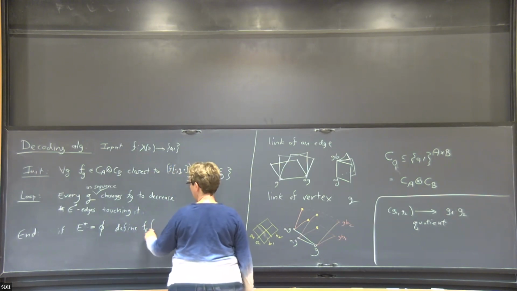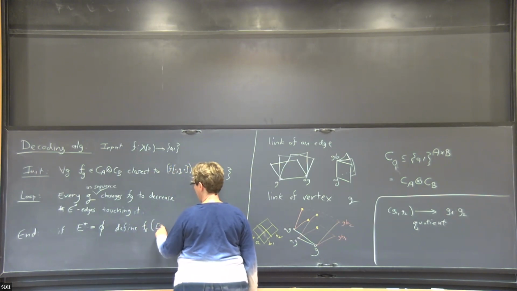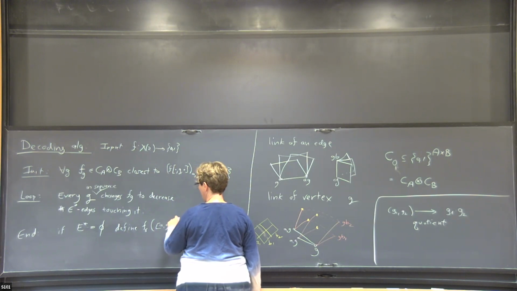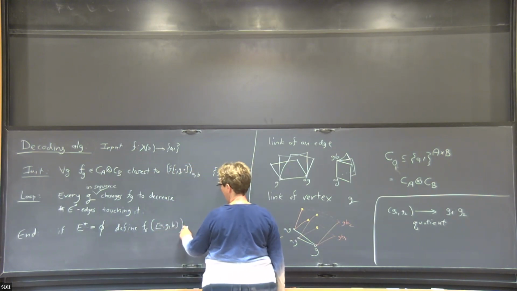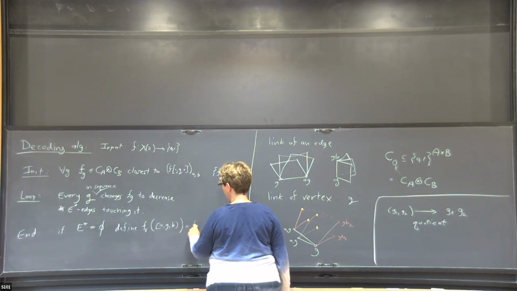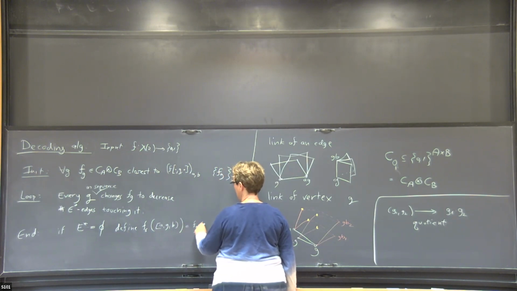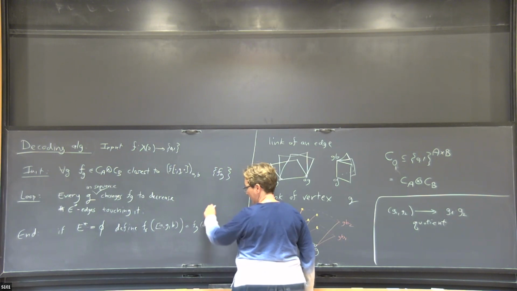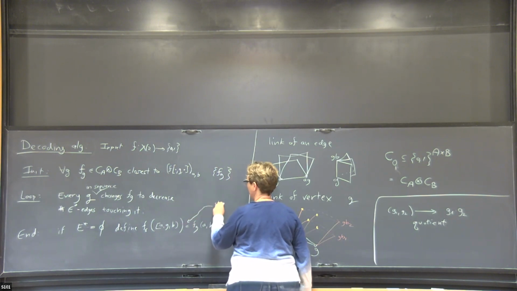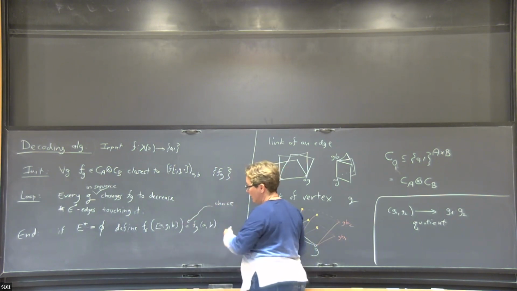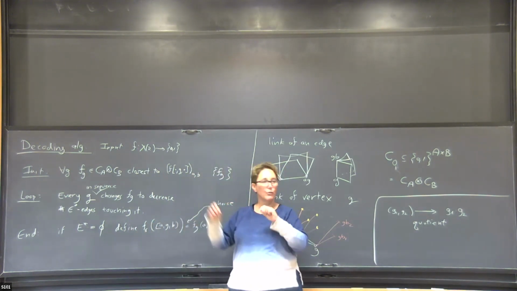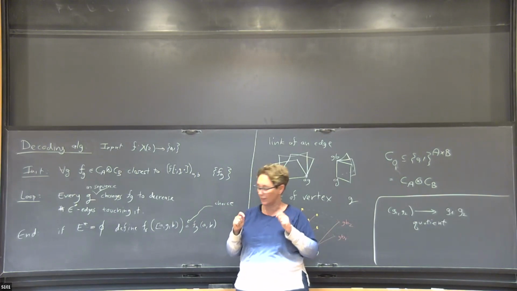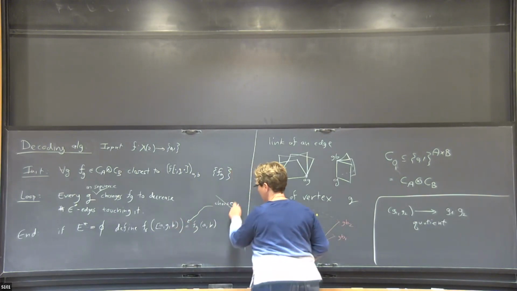You need to define it at some square A, G, B, and you do it by choosing one of the roots of the square, I don't care which one, let's say G, and you define it to be F_G of AB. There is some choice here. This may have led to different definitions, but because E star is empty, all four choices would lead to the same answer. So there is no real choice here.